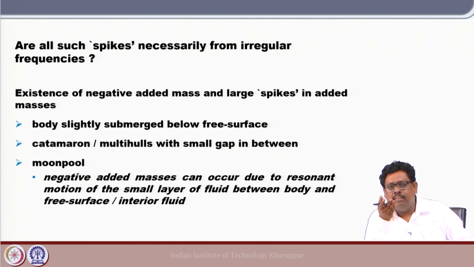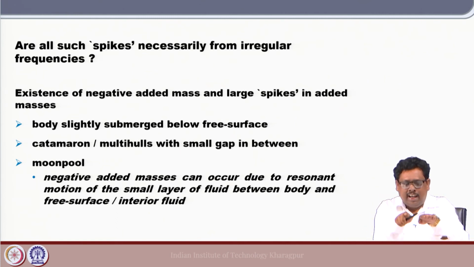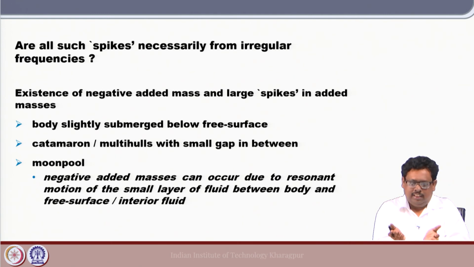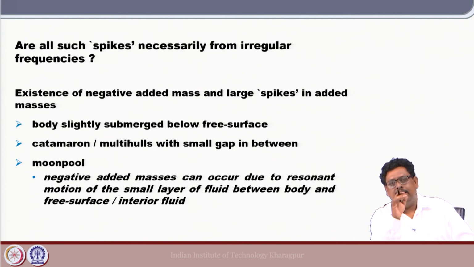For a catamaran or multi-hull, when there is a small gap between two vessels, that is, two ships going alongside each other, with some gap in between, it is also possible. In the case of a moon pool as well, where you have a body with a hole at the bottom and water inside, you know what a moon pool is, right? In that case too, it is physically possible to have this spike.